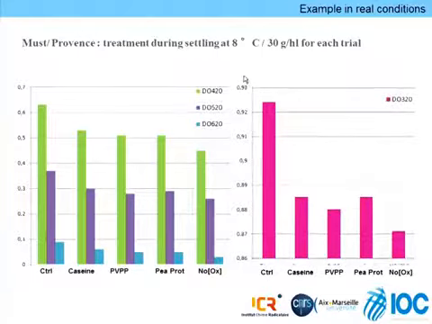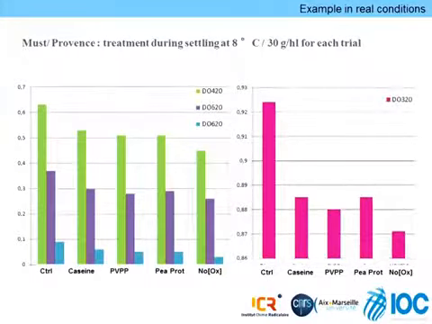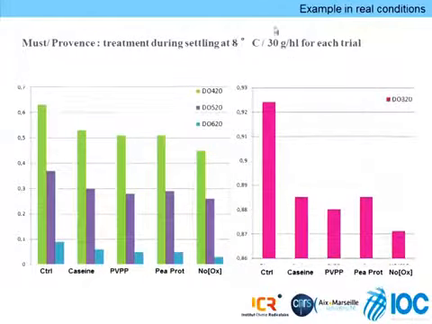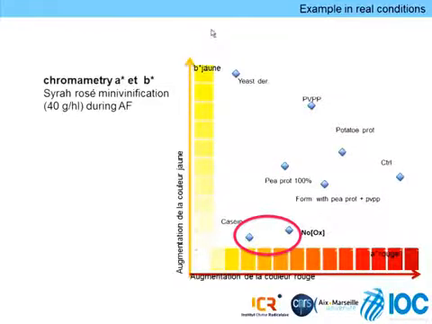Here we have optical density at 420, 520, 620 nanometers, which is a good marker of the coloring of the wines. The trials are performed using the same quantity of product, and the dose is 30 grams per hectoliter of must.